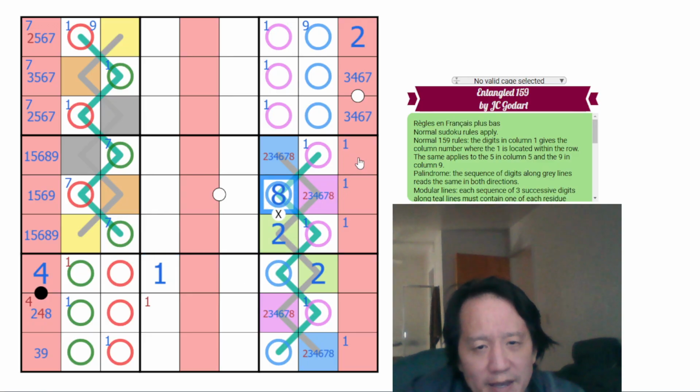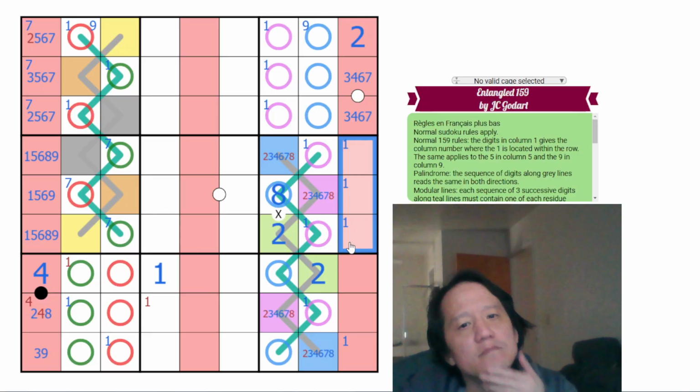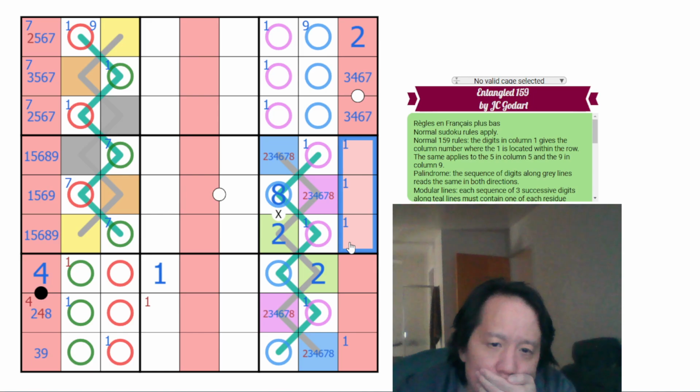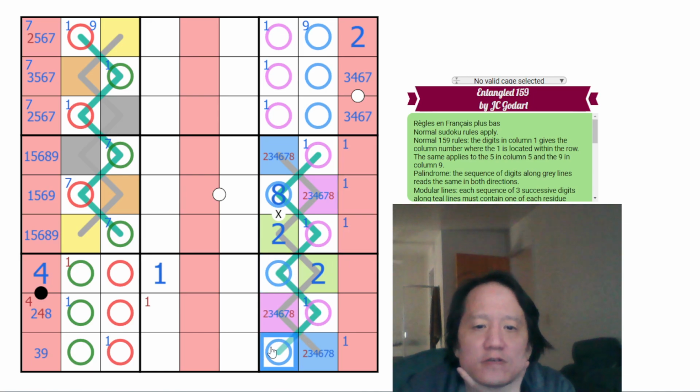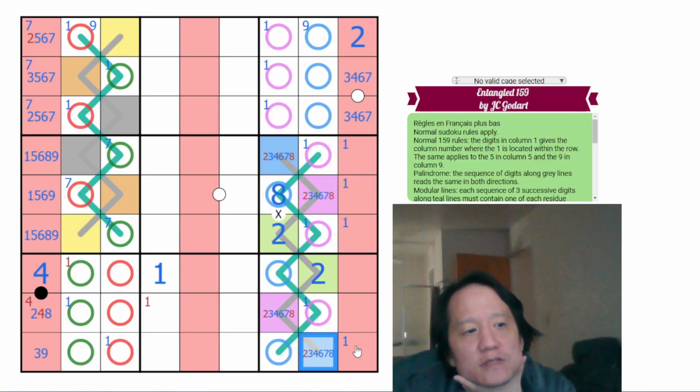This is 2. This is 8, so this cannot be 9. Sorry, this has to be 9, which would mean 9 is one of these three. So this is 6, 7, 6, 7. This is 6, 7.